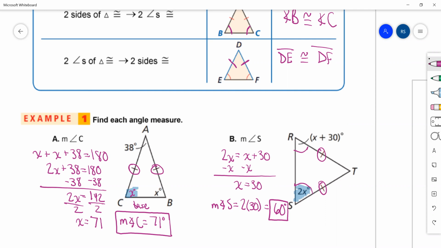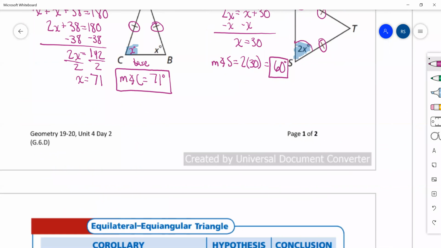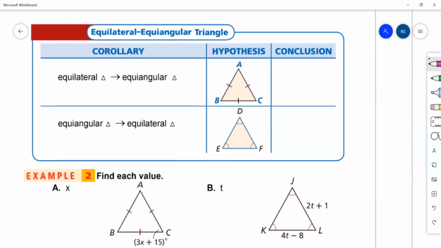Okay, so that's our first two examples. Now let's flip to the back and look at equilateral and equiangular triangles. If you have an equilateral triangle, then you have an equiangular triangle.